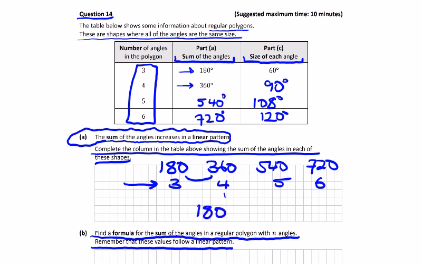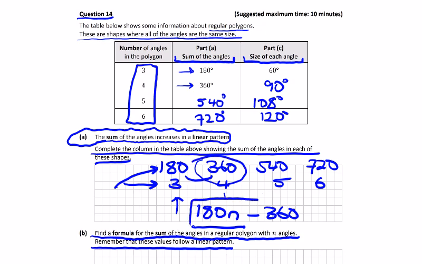So we'd write 180n. Now let's look at what's happening here. When n is equal to 3, the first part of the series, 180n would give 540. So we'd actually have to take away 360 to get back to the 180 at the beginning. Does that work for pattern 2? Would that give me 360?